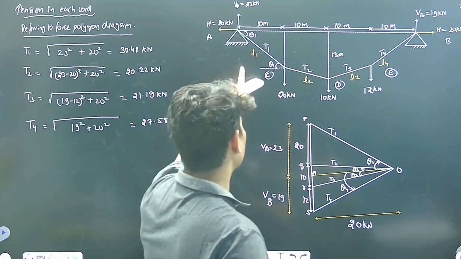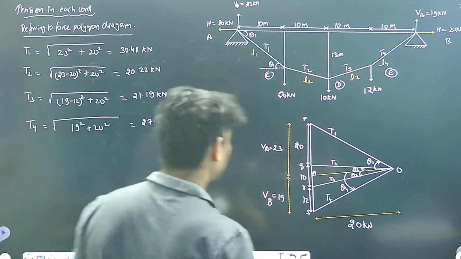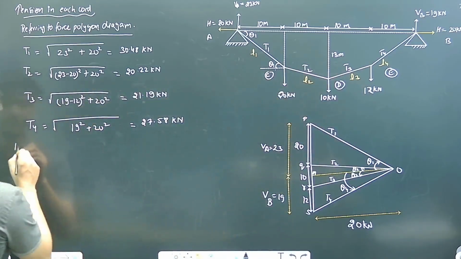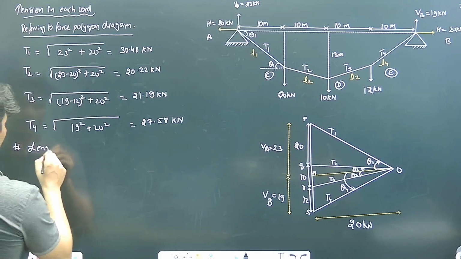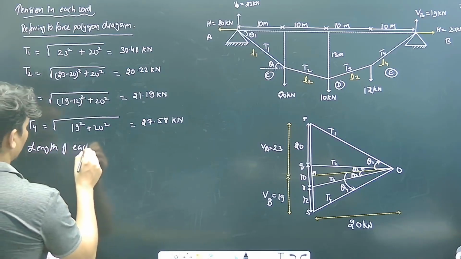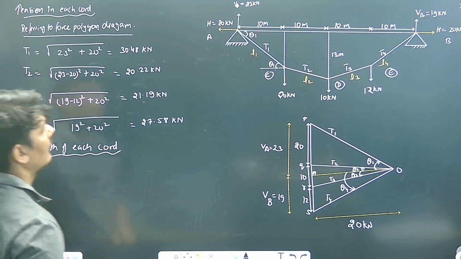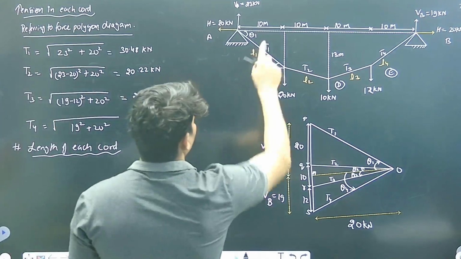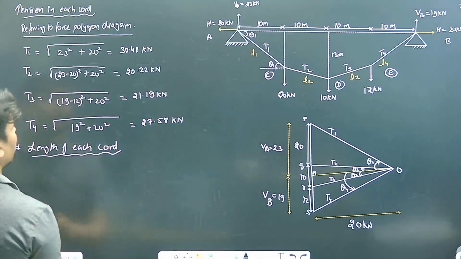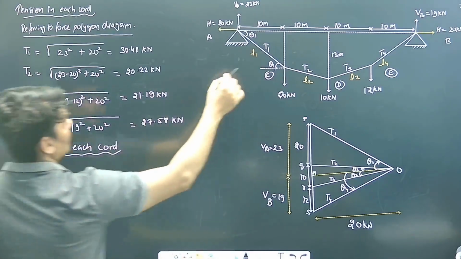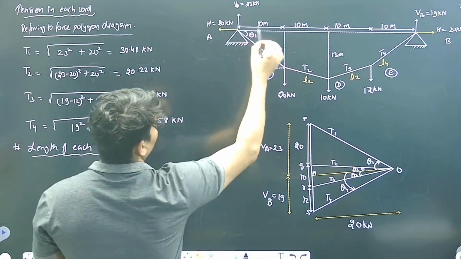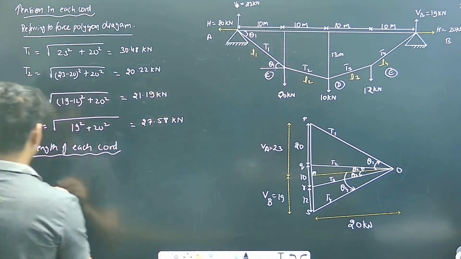Now next task is to find L1, L2, L3 and L4. Length of each chord. Now from here, you know the theta 1. So from here you can calculate tan is length 1.